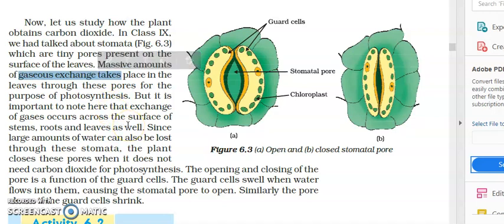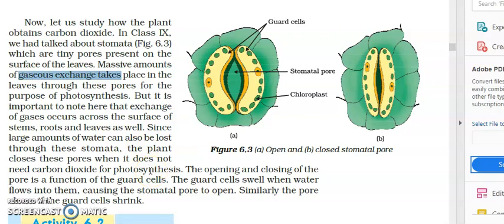And because of the stomatal pores being open to let the carbon dioxide move in for being reduced to carbohydrates in photosynthesis, a lot of water can be lost. A lot of water from the surrounding cells can be lost to the atmosphere, and this phenomenon is called transpiration. Water is lost in the form of gaseous vapors. This is transpiration. So transpiration has been termed a necessary evil.